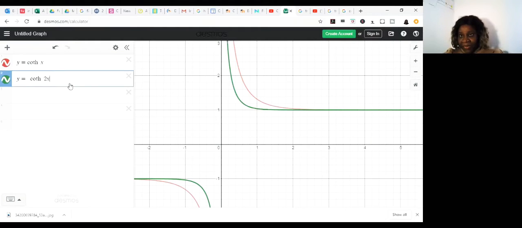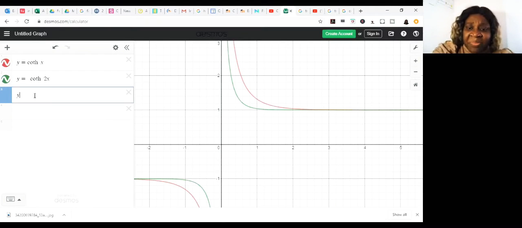It's still trying to touch the asymptote from the y is equal to coth x, but this time it's just a little bit steeper. Let me see what is going to happen if we did 2 cosh x.